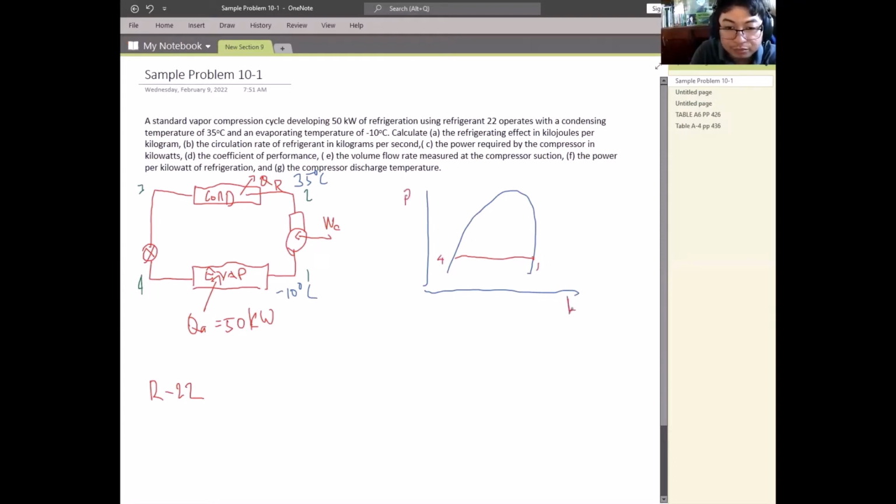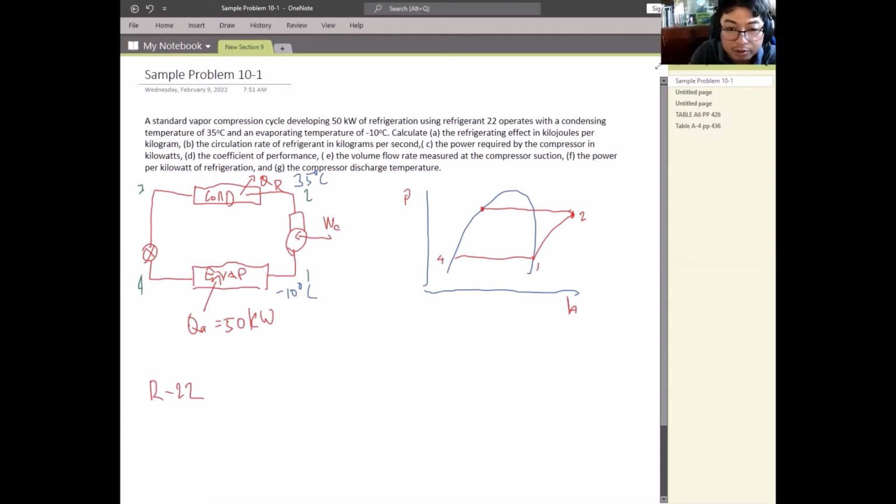Then a constant entropy process for the compressor to a high superheated state, and constant pressure heat rejection and temperature for point 2 to point 3 by the condenser.